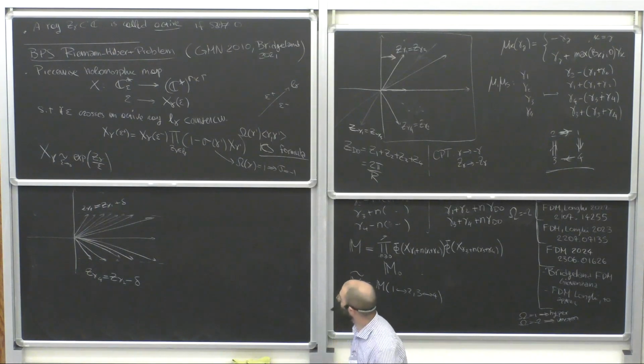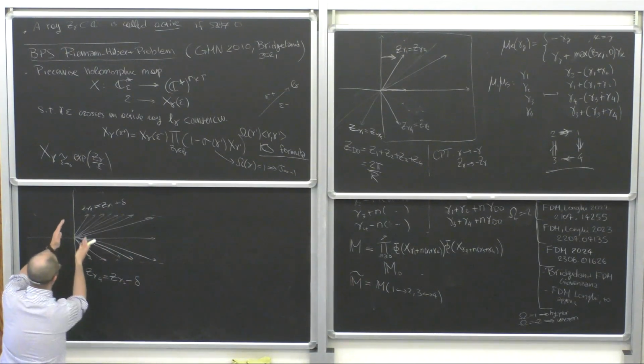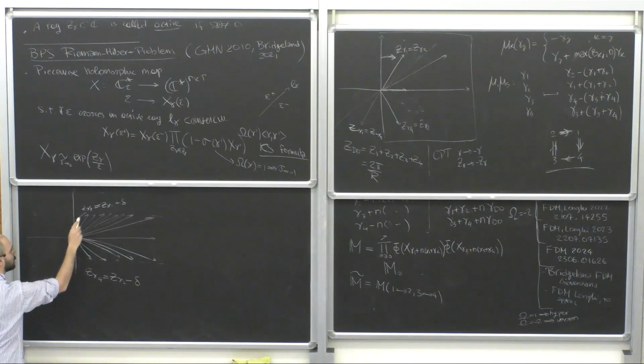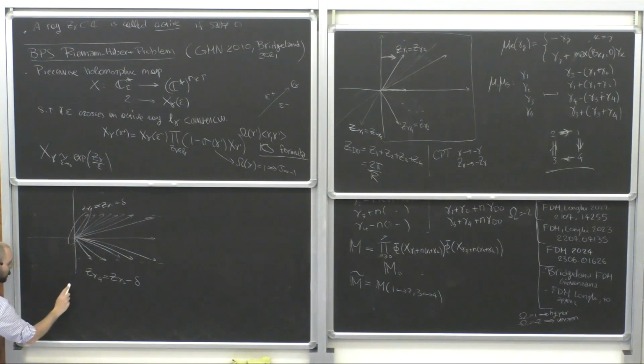So let's look at that formula that I did not compute. What happens if we zoom in? We zoom in here. We're on this ray, the first ray, and we want to see what happens if I jump like this. Sorry, the orientation was wrong there, it should have been like this.